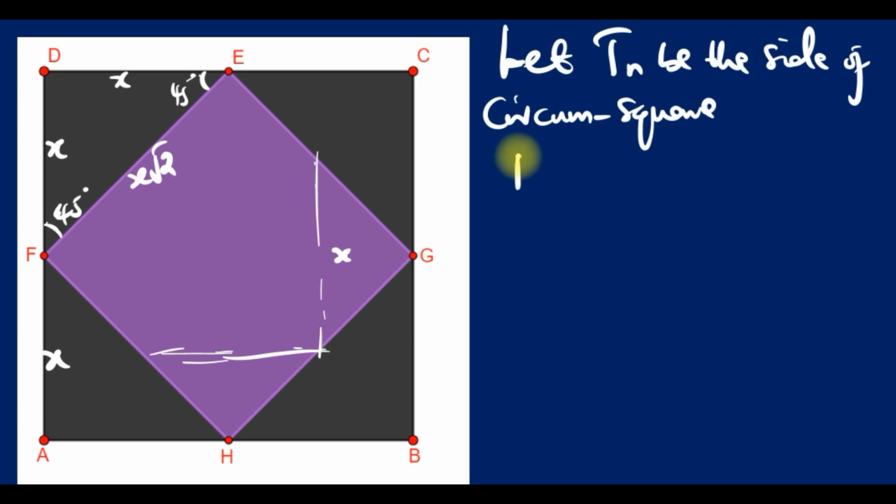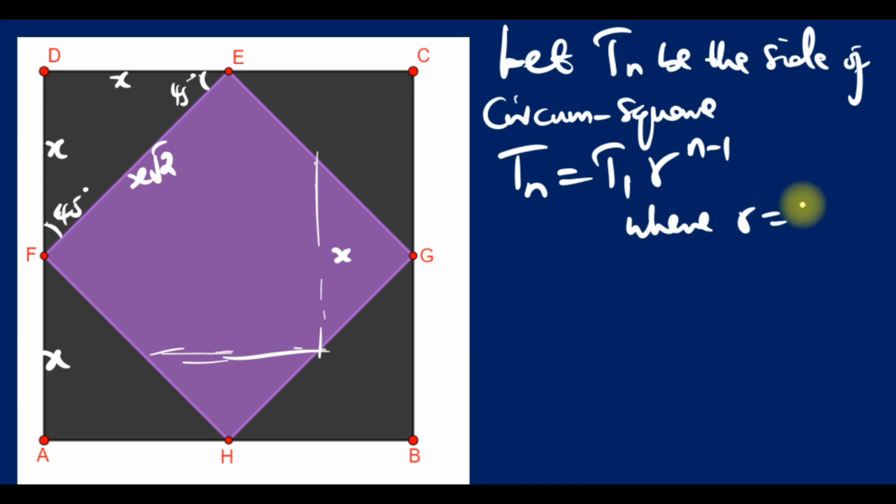So you see that term n is always the first one, the smallest one, times the common ratio to the power n minus 1, because I told you this will form a geometric progression, where r is root 2, and n is the number of squares involved.